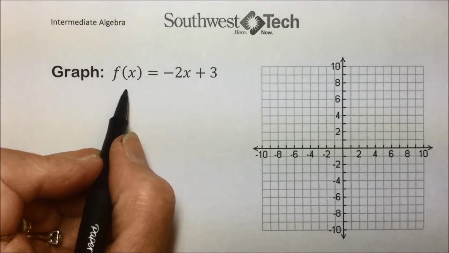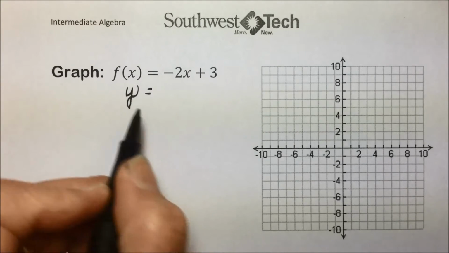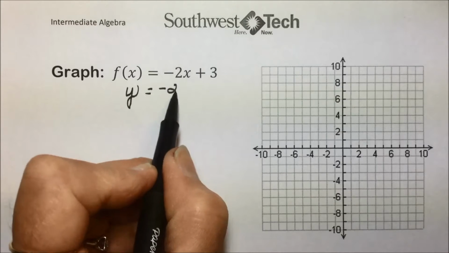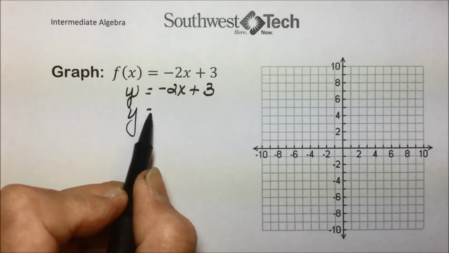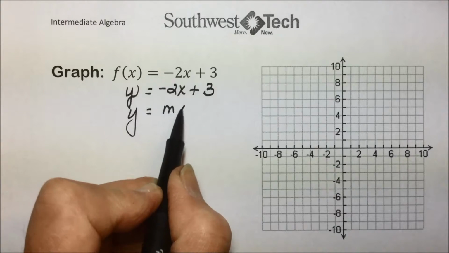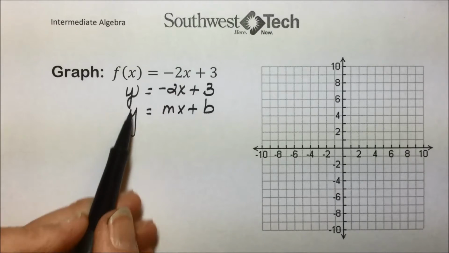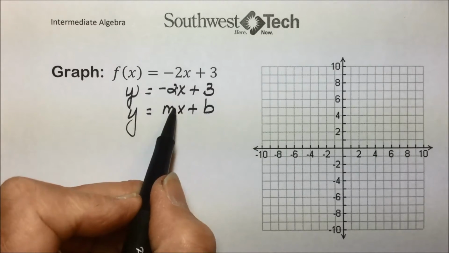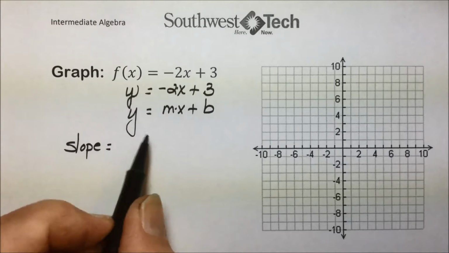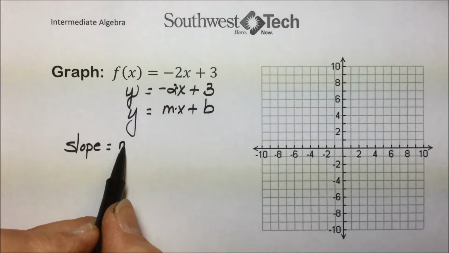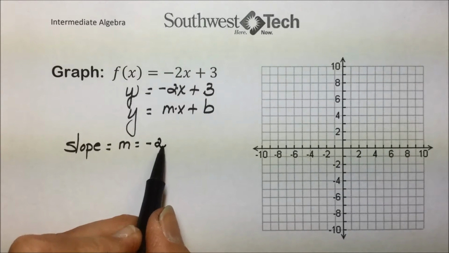And just like the last one, for simplicity's sake, we'll exchange the function notation for y, comparing it to the general form of slope-intercept form, where we have y by itself, so we can determine the slope by identifying the coefficient of the x term, and the coefficient of the x term in this case is a negative 2.